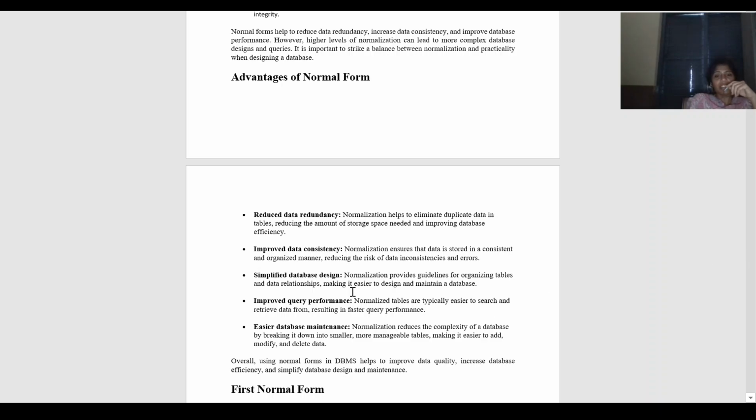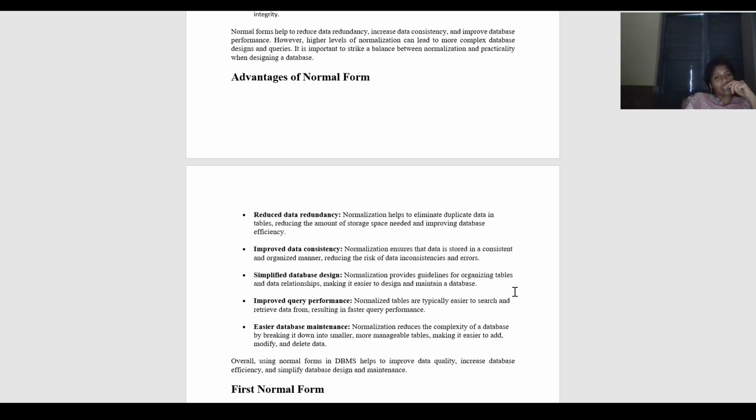Simplified database designs: normalization provides guidelines for organizing tables and data relationships, making it easier to design and maintain a database. We will design a simplified database. That means we have to decide what type of data we need to create. In that manner only we will create and design a particular database.